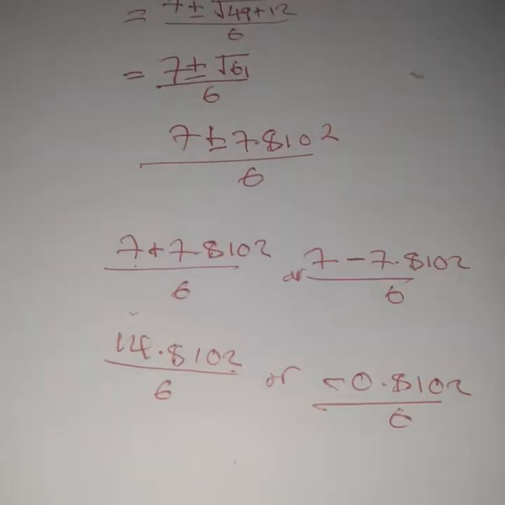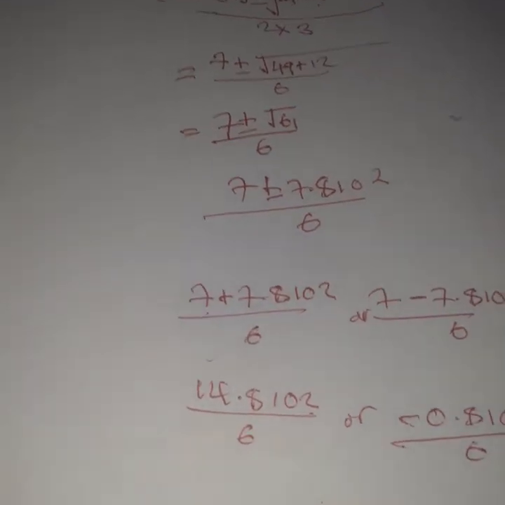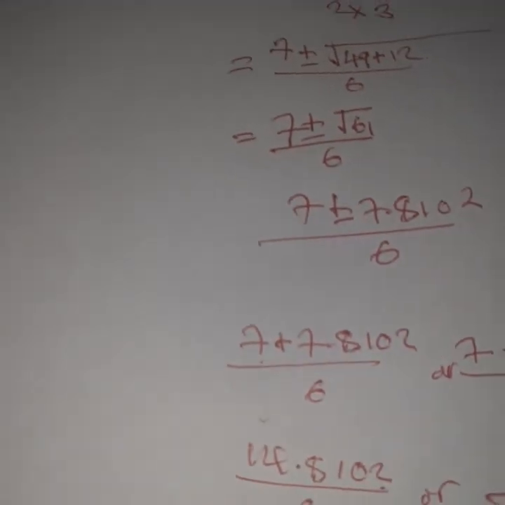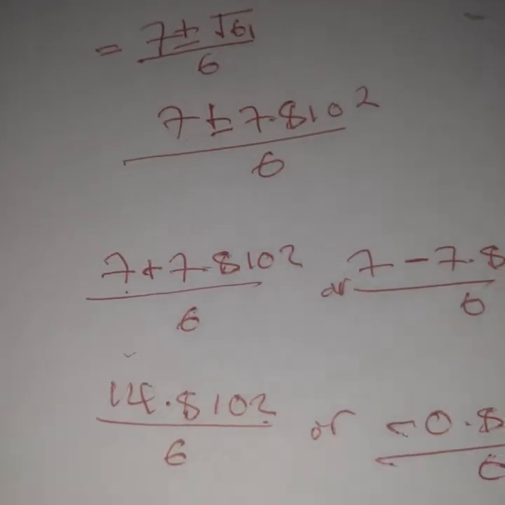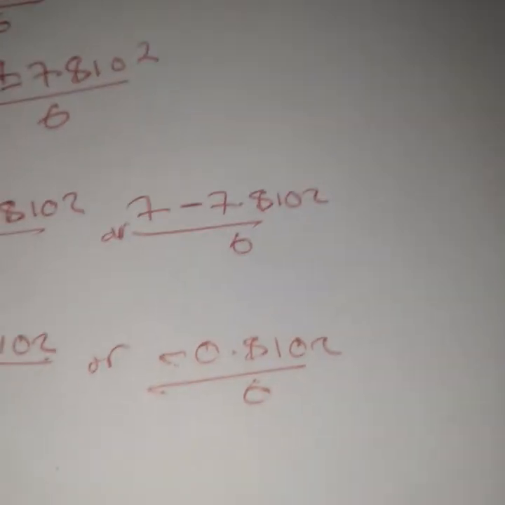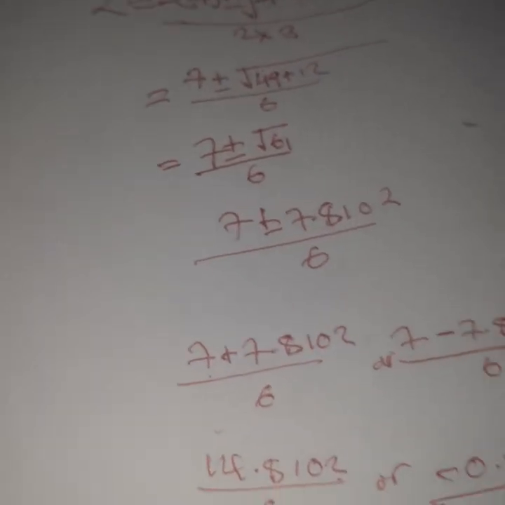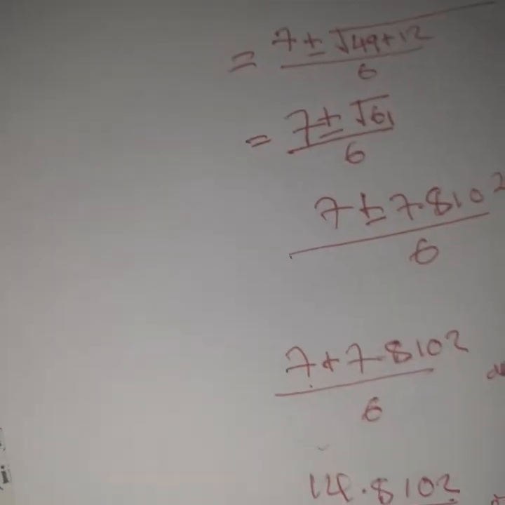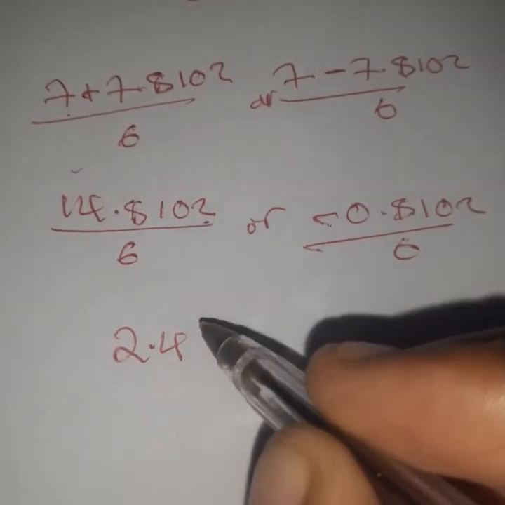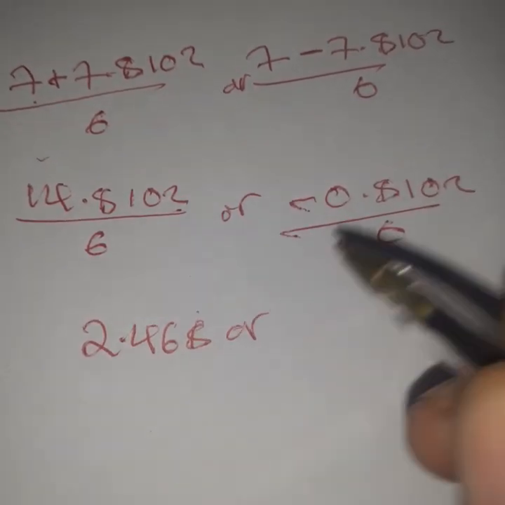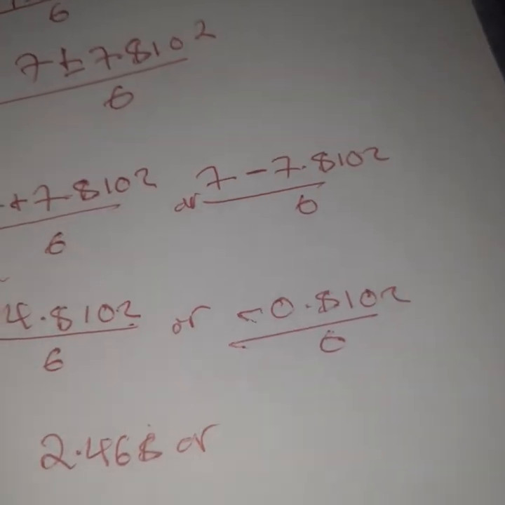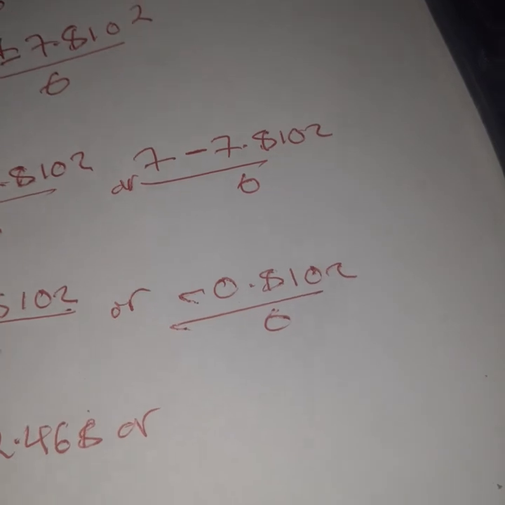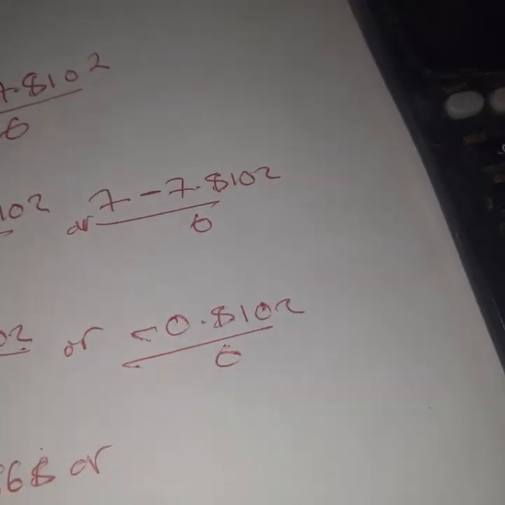So we have 14.8102 divided by 6, which is 2.468, or negative 0.8102 divided by 6.